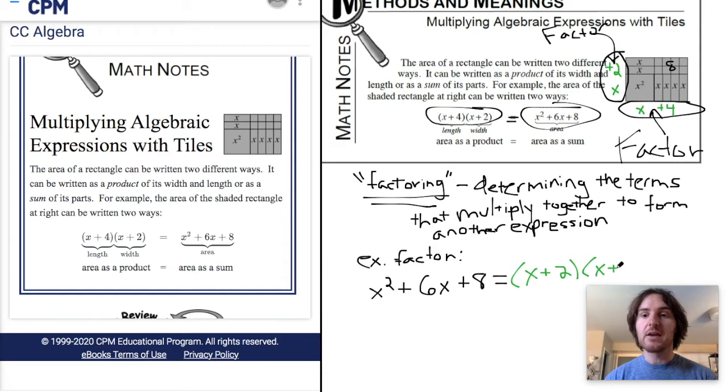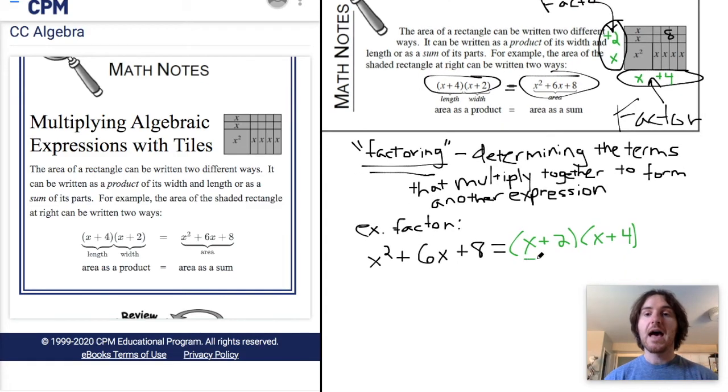We can double check that in our heads, or by building out another rectangle and multiplying. But we know that we can get our factors, with x plus 2 being one factor and x plus 4 being another factor, that would form this larger expression right here. Okay, so just a brief introduction to factoring, going from sum to product.